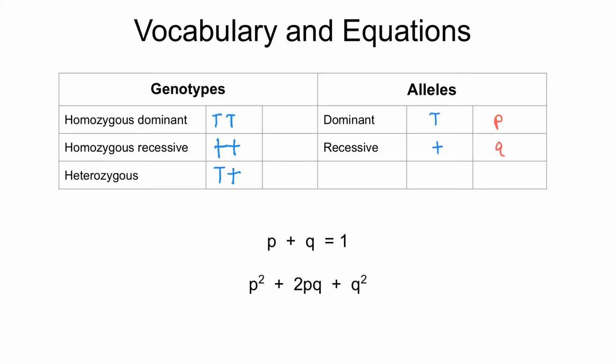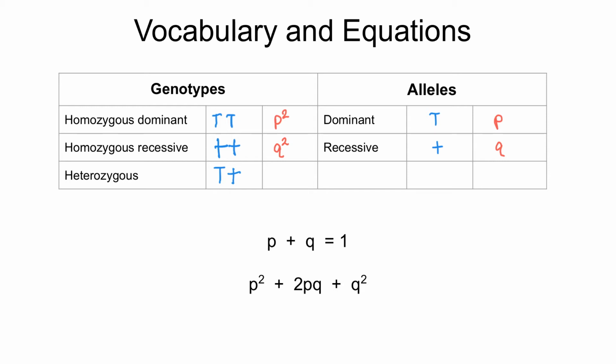So if p represents one dominant allele, then p squared would represent the homozygous dominant genotype. And if q represents the recessive allele, then it makes sense that q squared would represent the homozygous recessive genotype.